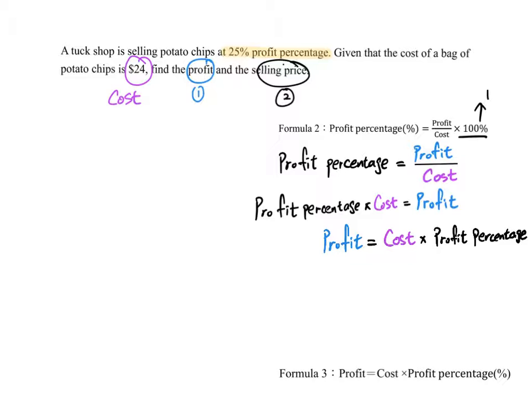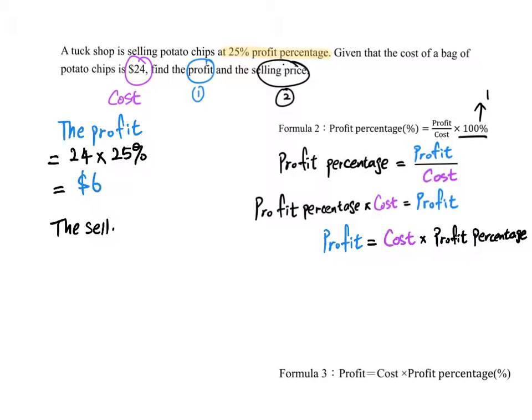Now I will use Formula 3 to find the profit. The profit is equal to 24 times 25%. It is equal to $6. And then we need to find the selling price.